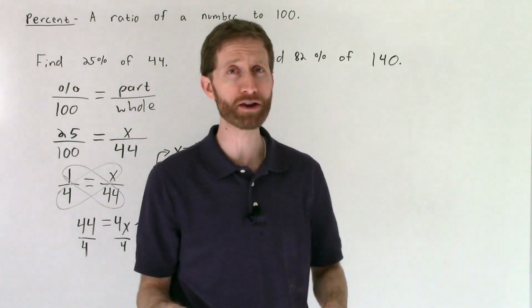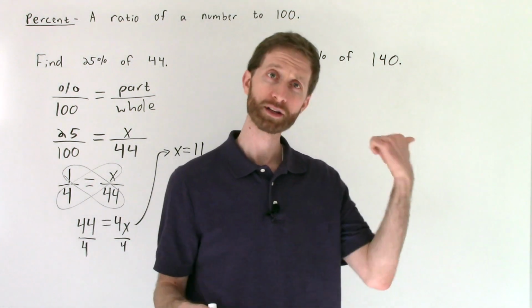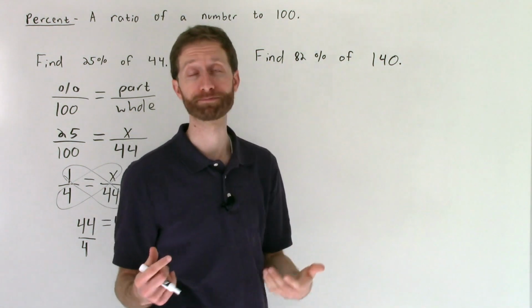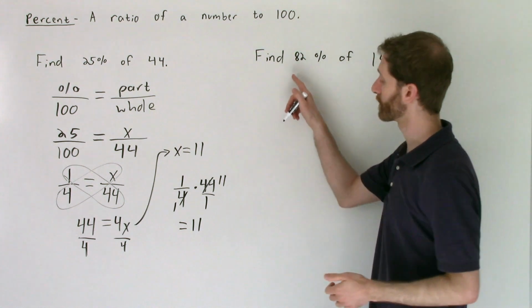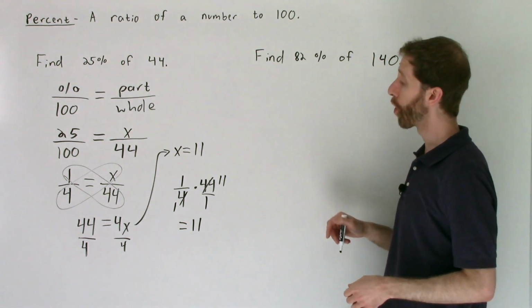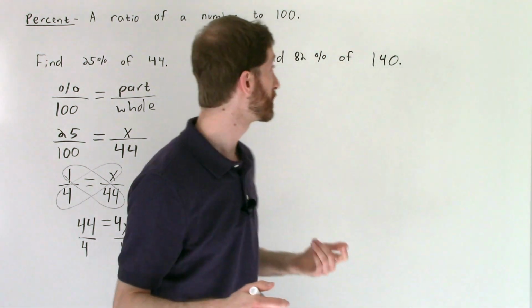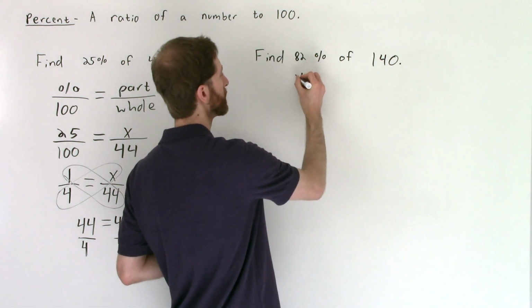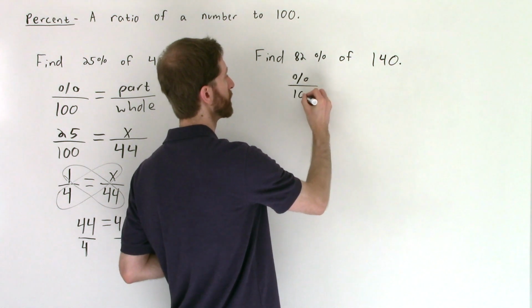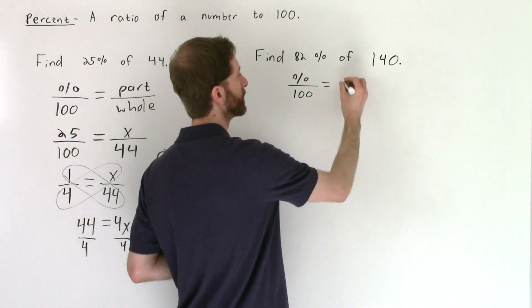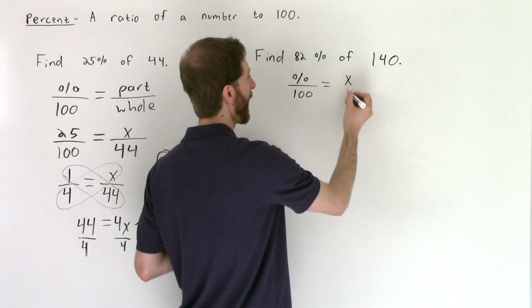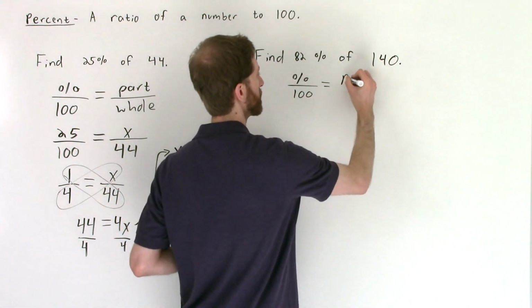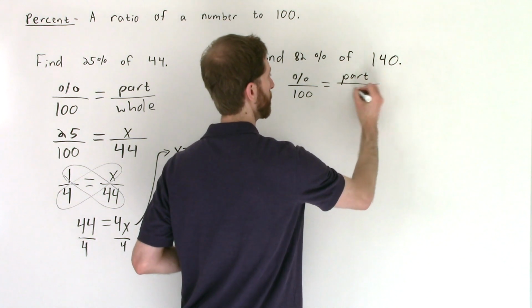But if you're not great, or you're like, you know what, let's check out one more. Here we go. I'll show you another usage of a proportion. This problem right here says find 82% of 140. So I'm going to look at this problem and say, cool, I'm going to do percent out of 100 is equal to some part out of the whole.